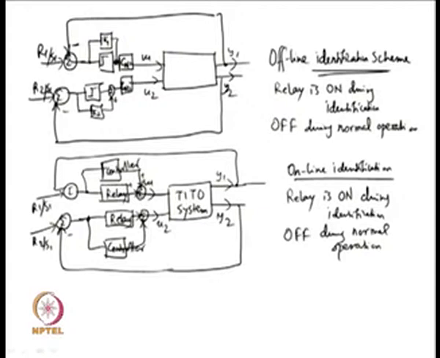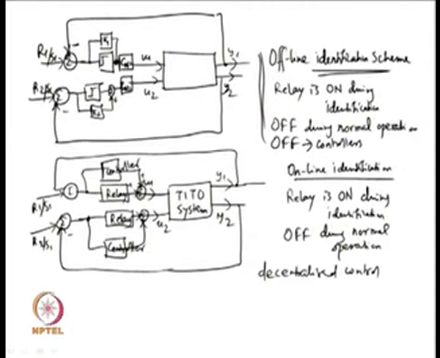The TITO system will be subjected to decentralized control, whereas in the earlier case, when the relay is on, the controllers are to be switched off. So, basically not only the relay, the controllers are also to be switched off.